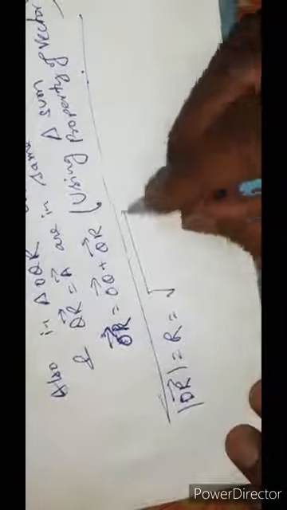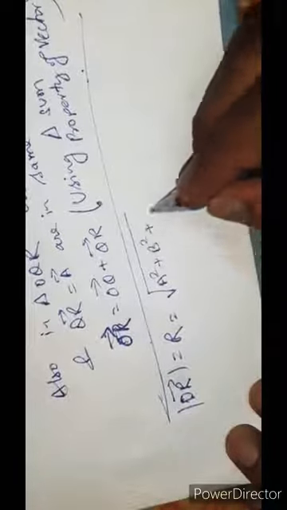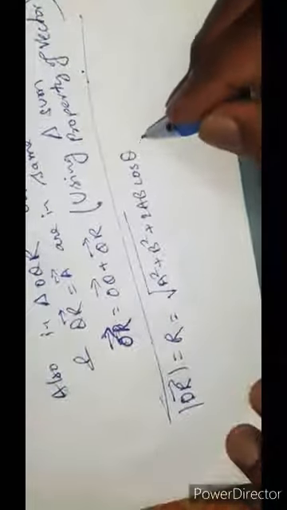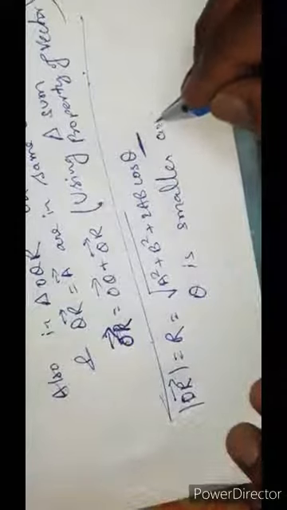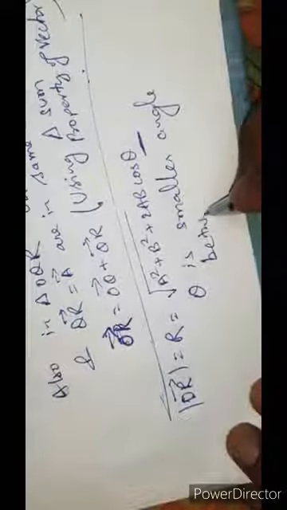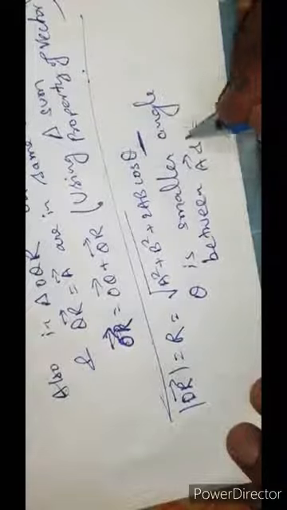So triangle sum property of vectors, or you can say triangle law of vector addition. Now same way, as you can see, the magnitude of OR, let the magnitude of OR be R, that is equal to under root A square plus B square plus 2AB cos theta, where theta is the smaller angle between vector A and vector B respectively.